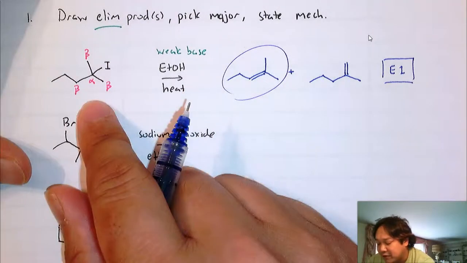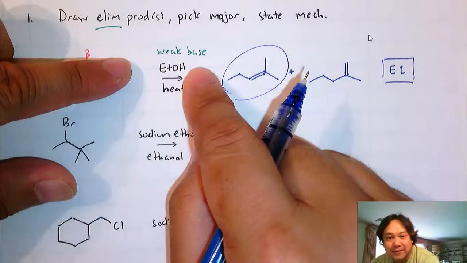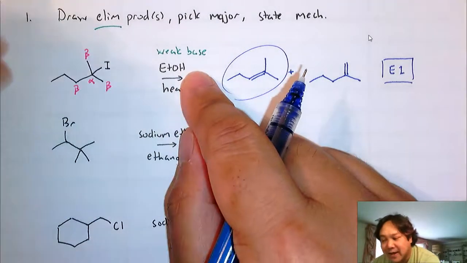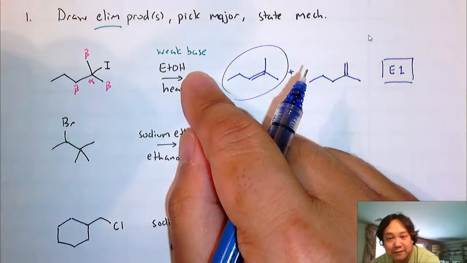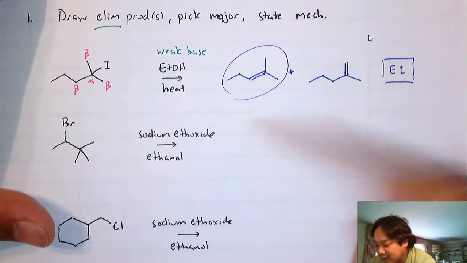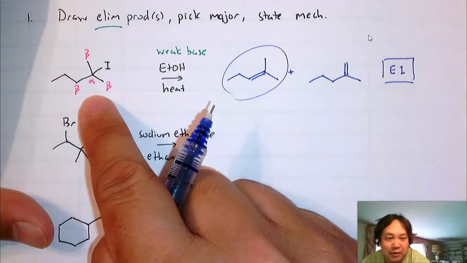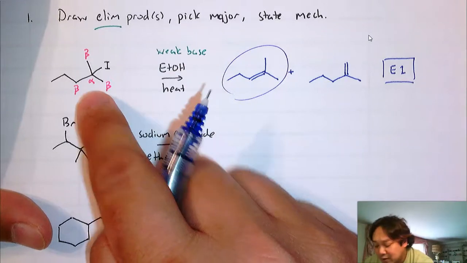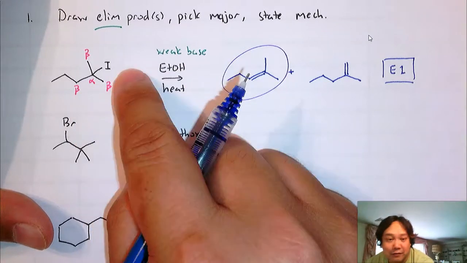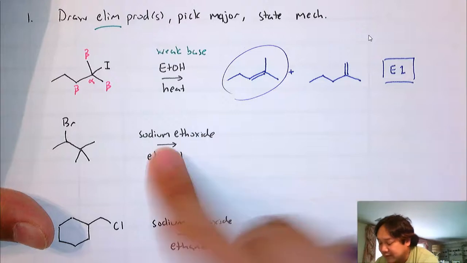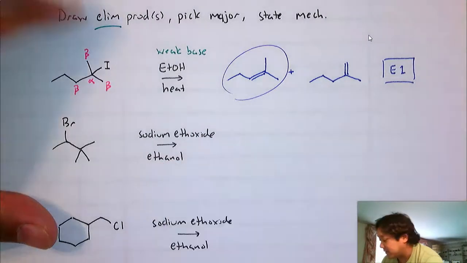But for elimination reactions, look at the base. Weak base, it has to hang out until the halide pops off. Has to. If it's a strong base, the strong base will immediately deprotonate or strip off a proton to form the double bond and kick out the leaving group. For instance, this is a strong base.